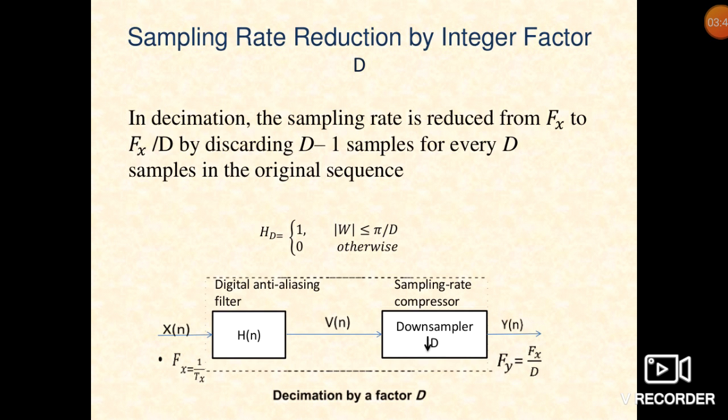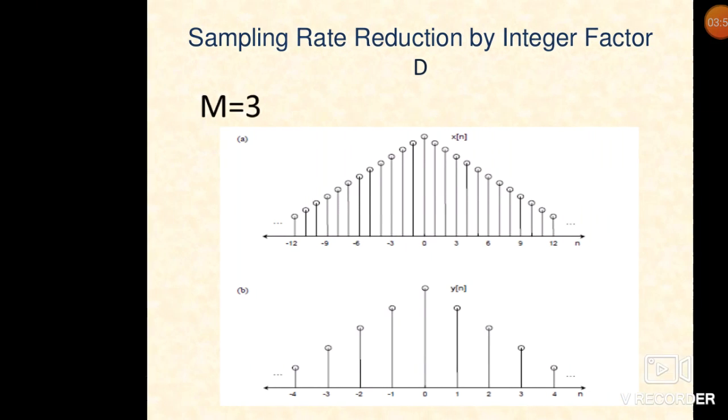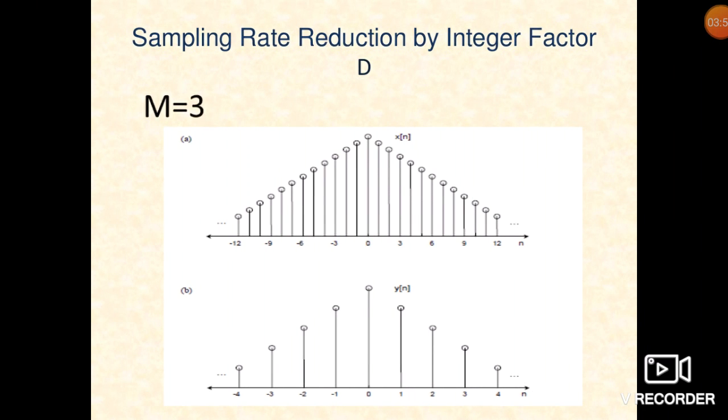How can the frequency be reduced from fx to fx by D? We can see that with an example. Consider capital D equal to 3. I want to reduce the x of n signal by a factor of 3.